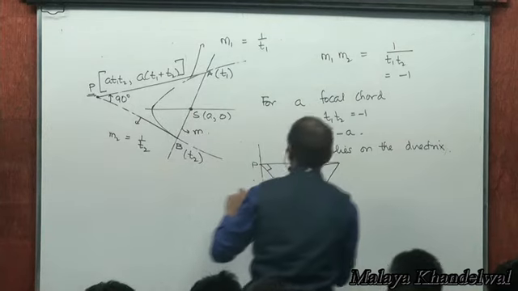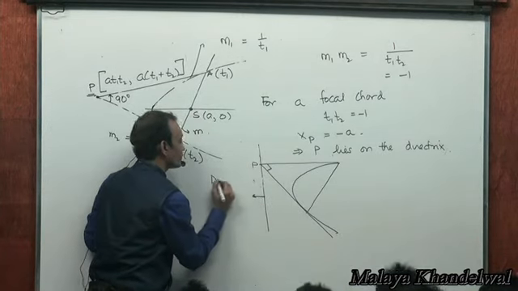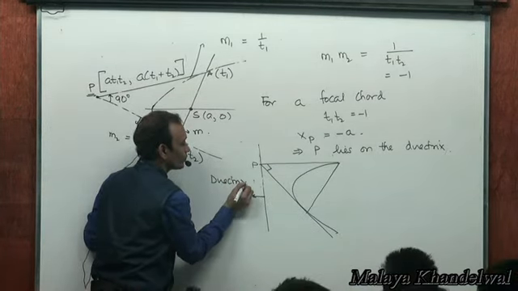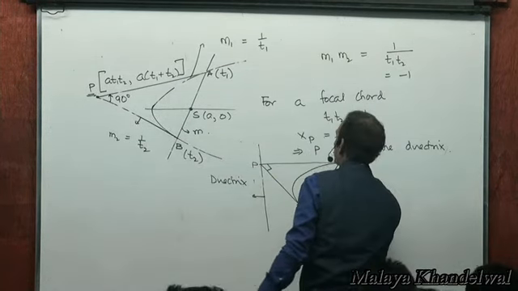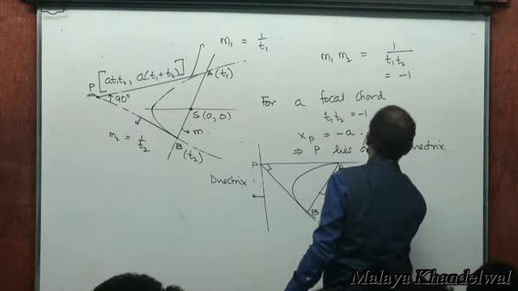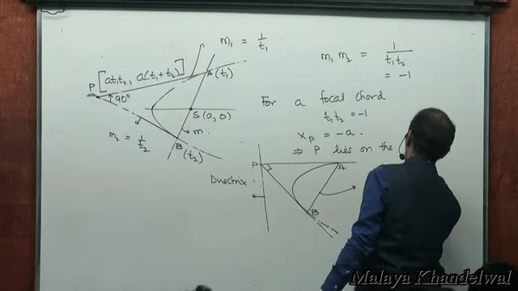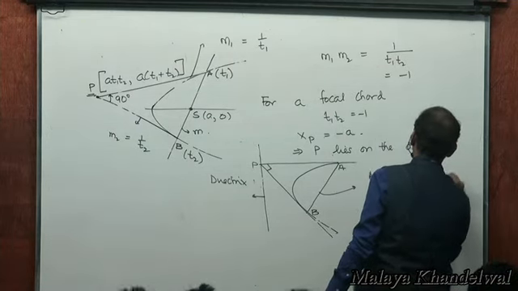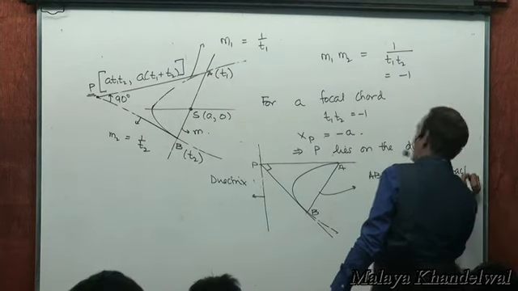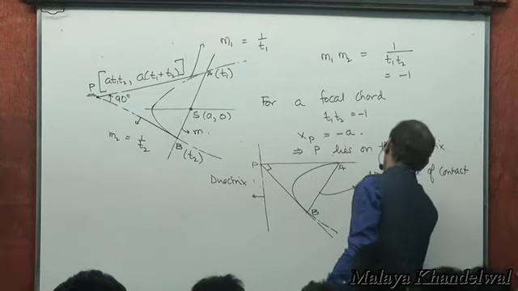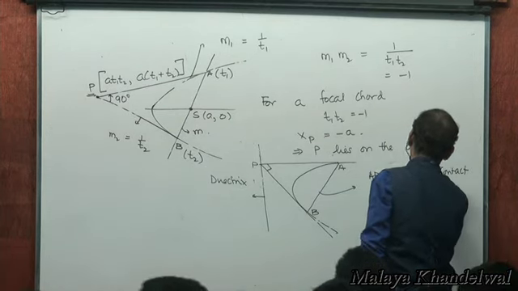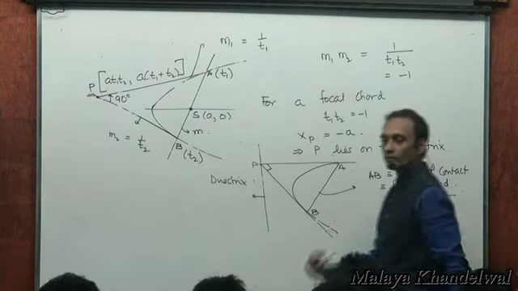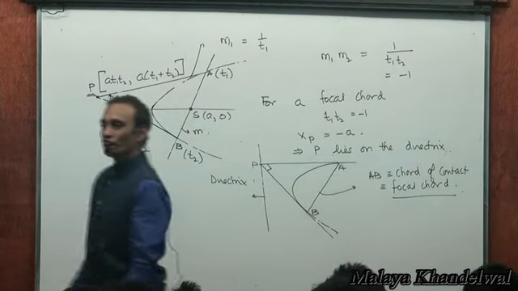If this is a point on the directrix, then AB, which is the chord of contact with respect to P, must be a focal chord of the parabola, must pass through the focus.